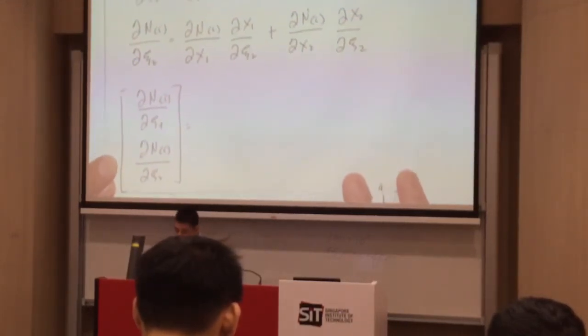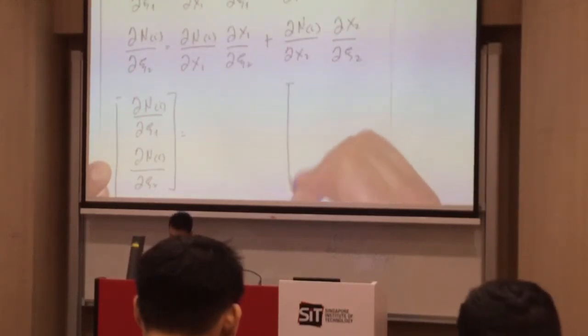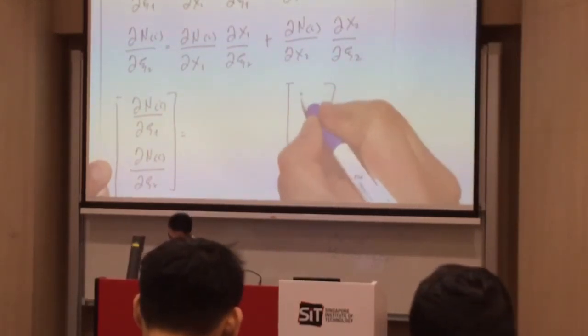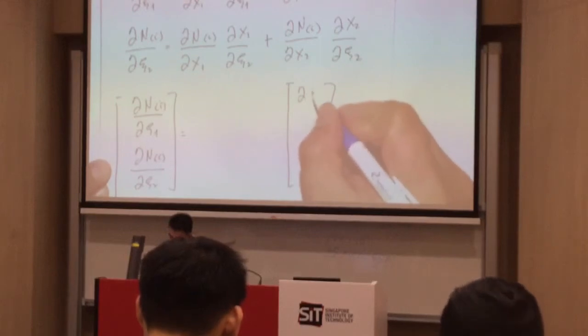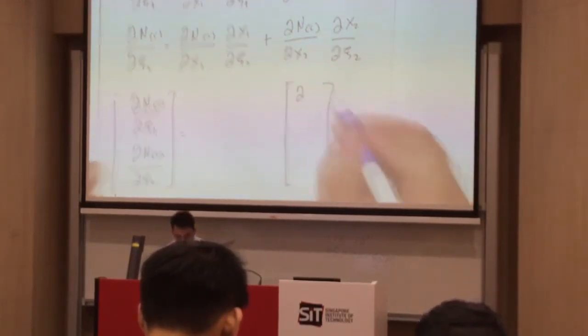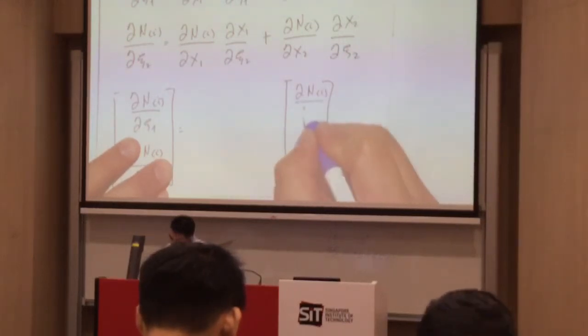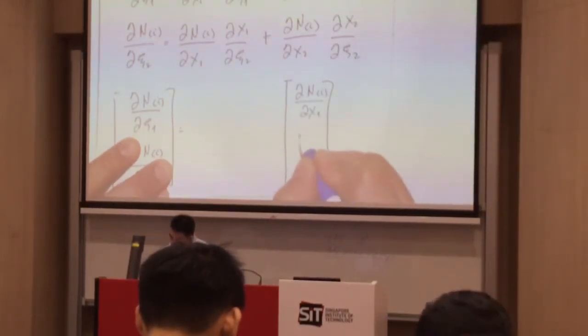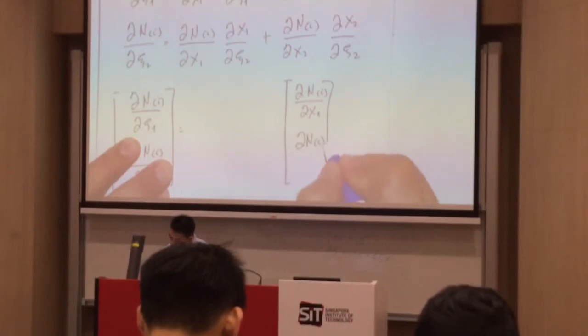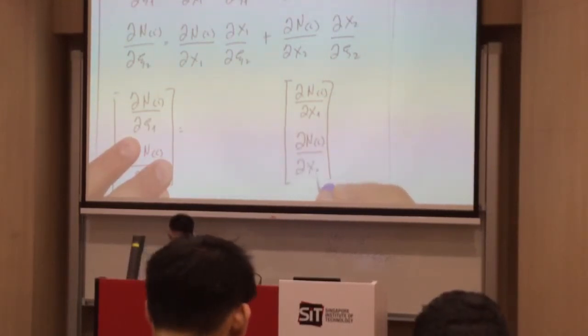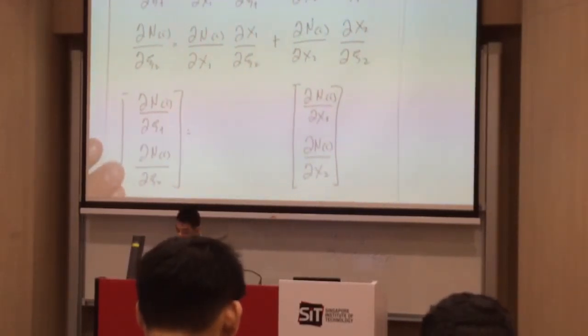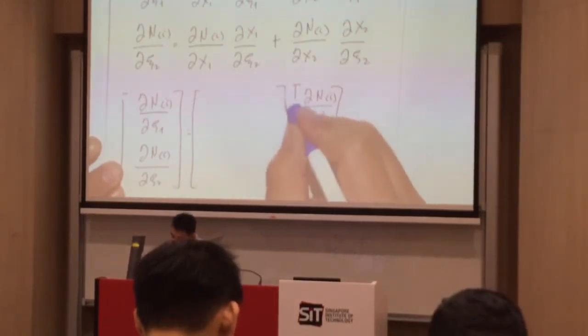And then I can have here the partial of Ni with respect to x1, the partial of Ni with respect to x2. So I will have here my Jacobian matrix.